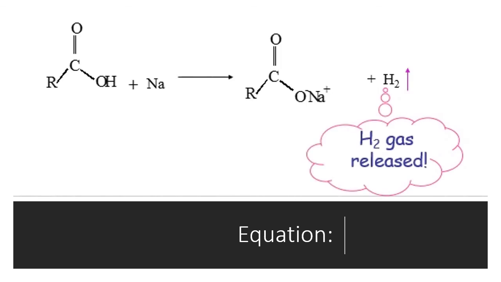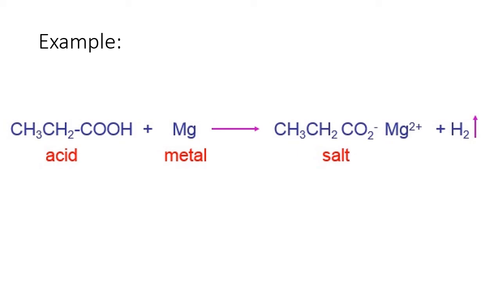For example, we have aliphatic carboxylic acid reacting with electropositive metal sodium to give salt and hydrogen gas released. Example of reaction: when we have propanoic acid reacting with magnesium to give salt and hydrogen gas released.